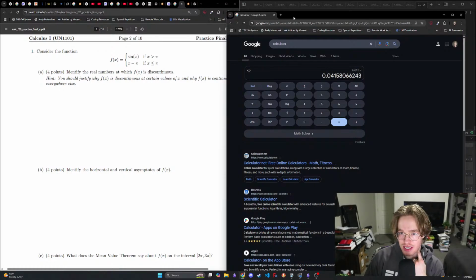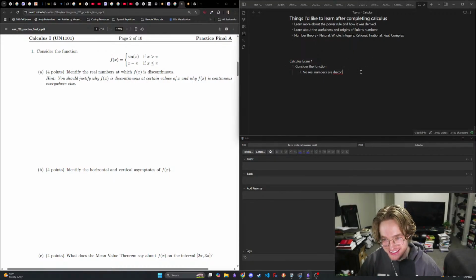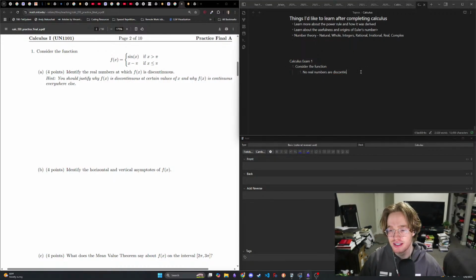So this is a tricky one, because it tells me there should be real numbers that are discontinuous. Continuous. For the function.